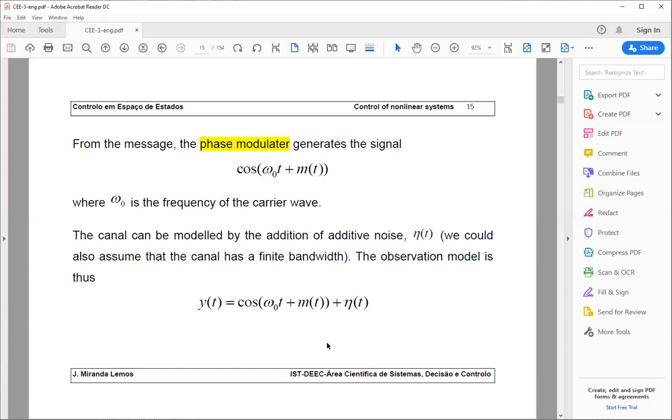So what you observe is this cosine, perhaps with some noise, and then the problem would be to estimate m through observations of y. But in this case, if you just think about describing the modulation, the representation of the system, you could say, well, I have again my old x dot equal to f of x, and y equals h of x, in which h is now this cosine function.